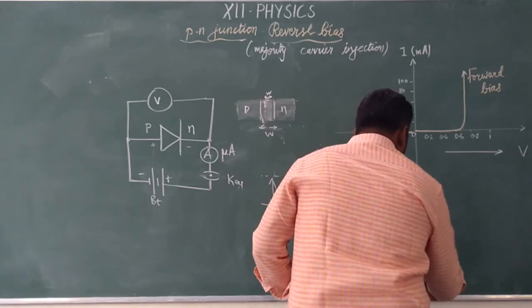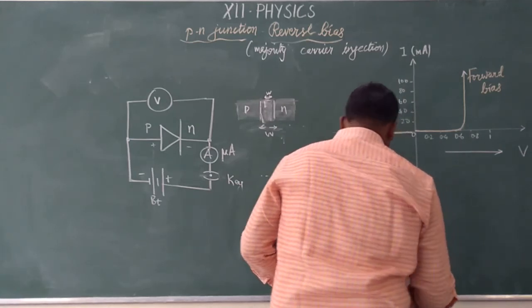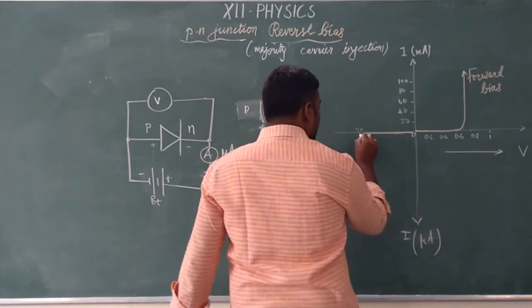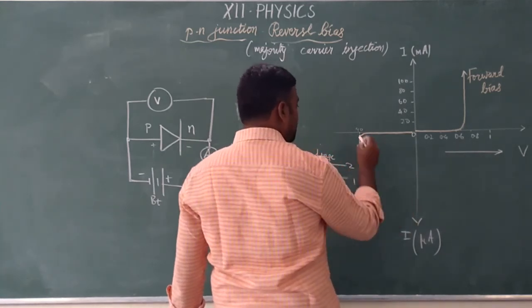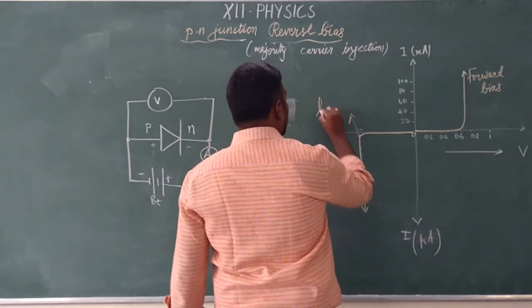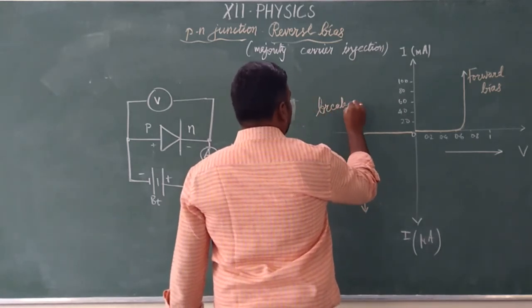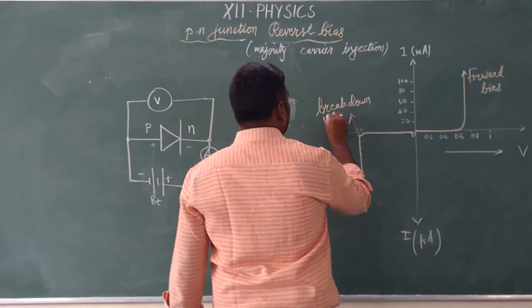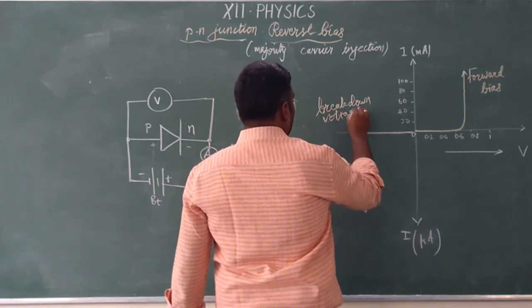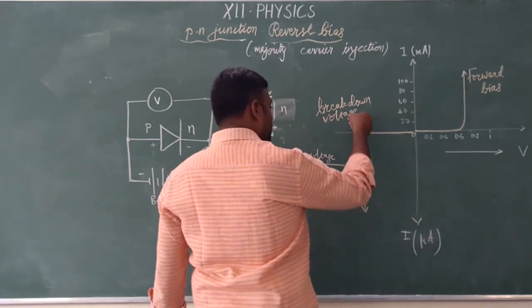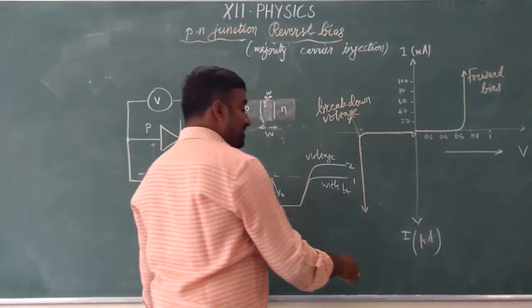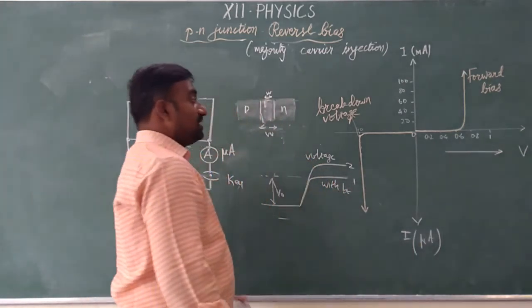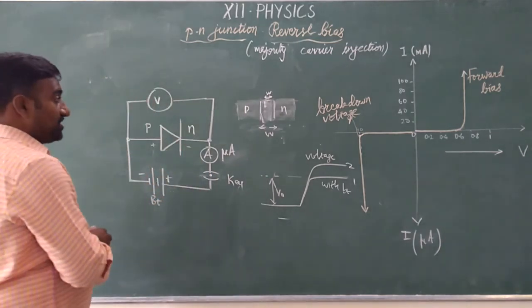The particular applied voltage at which the current suddenly increases is called the breakdown voltage. That is, for a particular applied potential, the current in the PN junction suddenly increases in the negative region on the microampere scale.